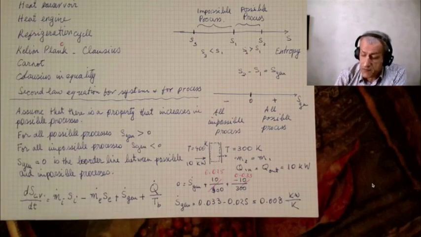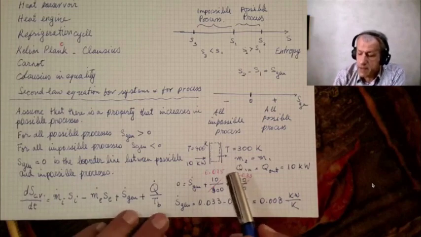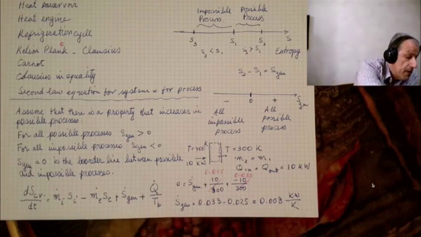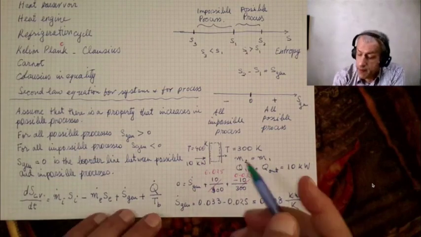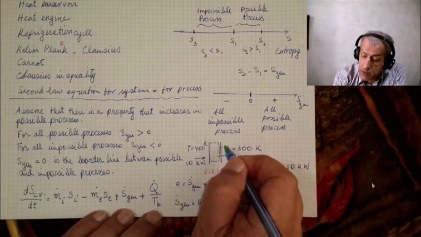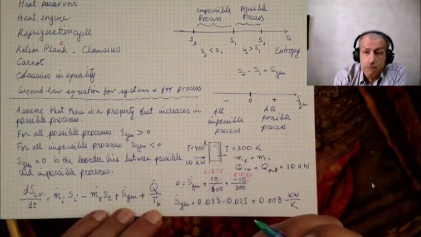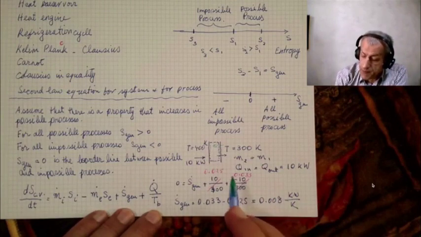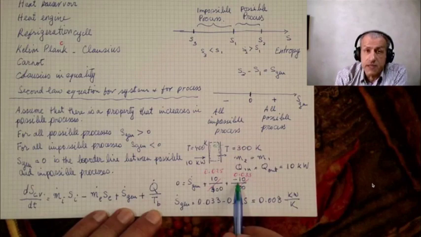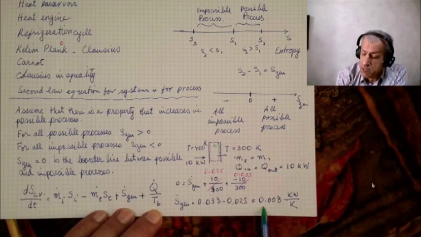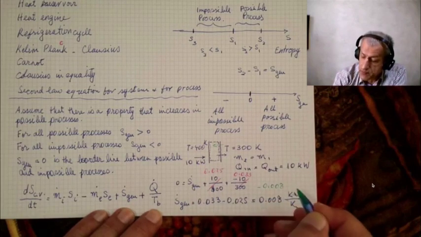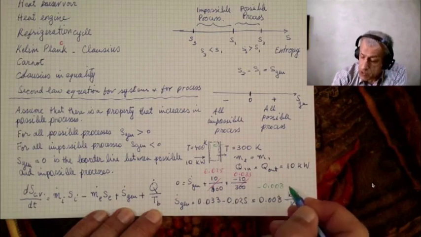Now, if it were that heat transfer could go from right to left, then this term would be positive, this term would be negative, and the answer would be minus 0.008, which is impossible.